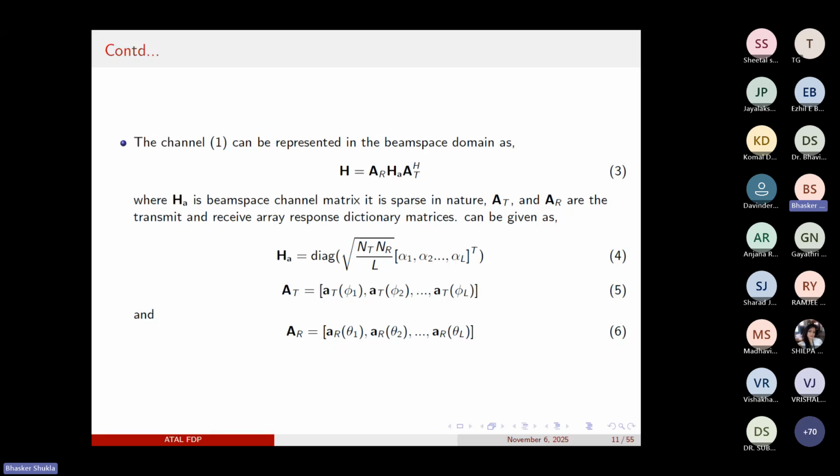And HA has path gains that follow the Rayleigh distribution, given by equation 4.